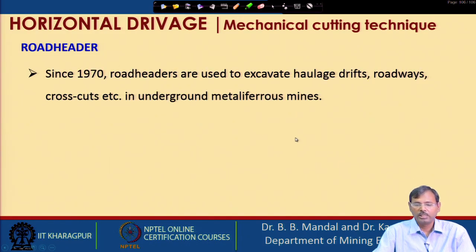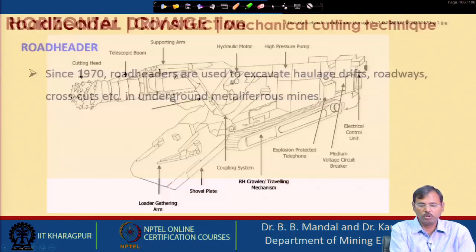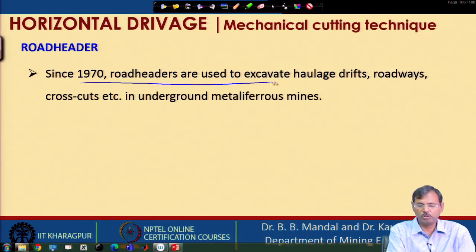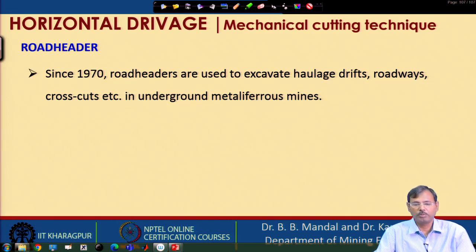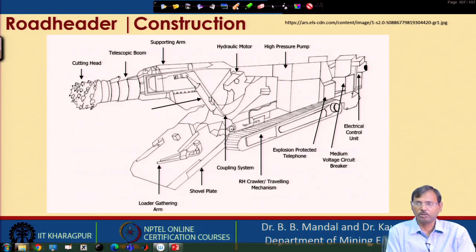And nowadays, from the 1970s onward, the road header is very commonly used to excavate haulage drifts, roadways and crosscuts in underground metalliferous mines. So, before the 1970s it was mostly adopted for civil projects apart from coal mining, but from the 1970s onward sufficient modification of the machine was made to use it for hard rock excavation also.